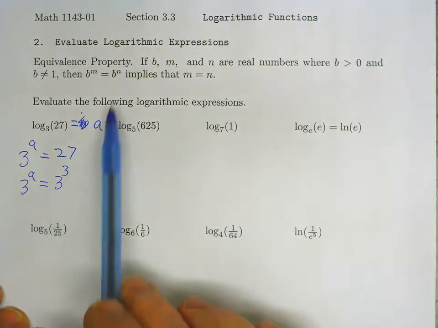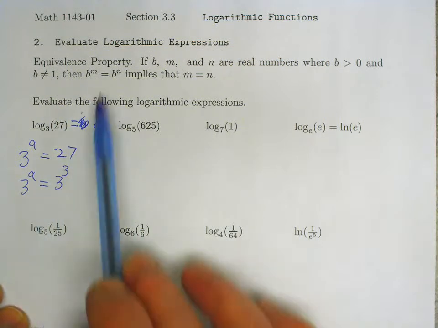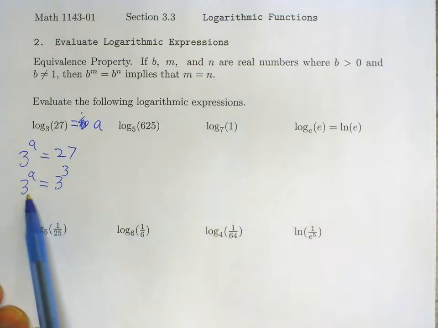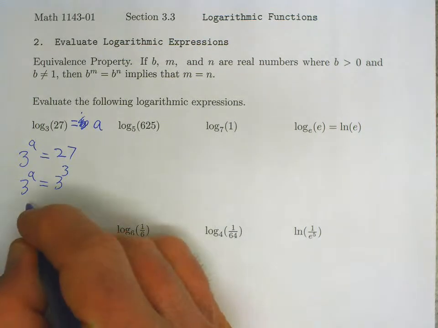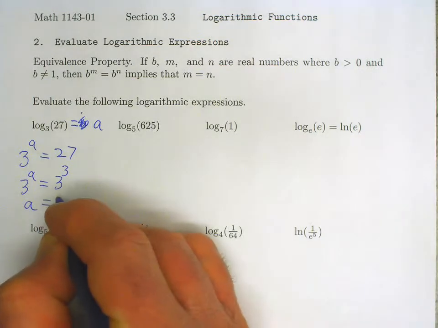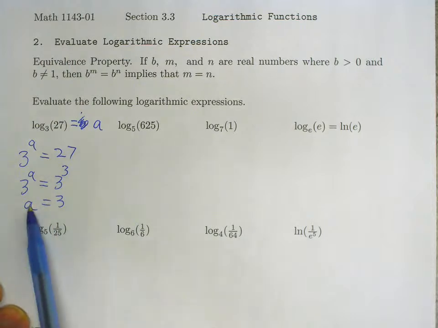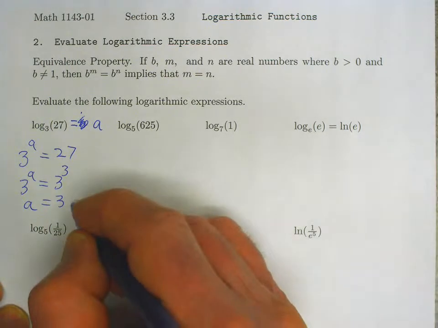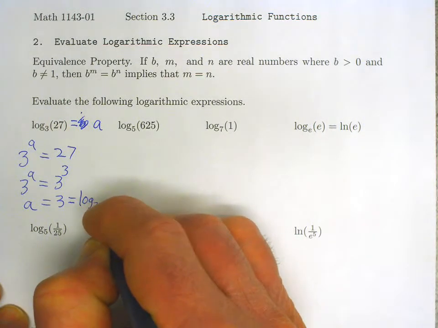And now we can use this equivalence property. So this is like b to the m equals b to the n implies m equals n. So 3 to the a equals 3 to the 3rd implies the exponent a equals 3. But this exponent a is equal to log base 3 of 27. So in other words, 3 is equal to log base 3 of 27.